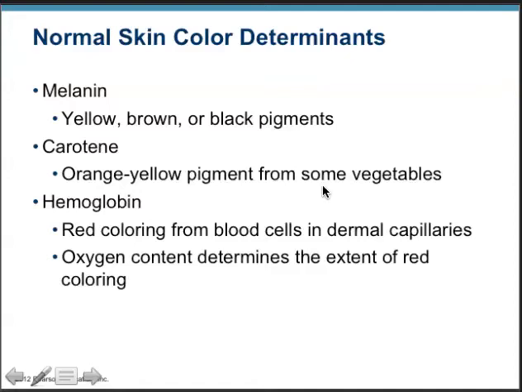Hemoglobin is a red-colored pigment that carries oxygen throughout the body. It's contained inside erythrocytes, red blood cells. And we find this red coloring in the skin in the dermal capillaries, particularly when we're hot and the blood vessels vasodilate. Remember that the oxygen content determines how red the coloring is. The brighter the red color, more oxygen is being carried by the erythrocytes.